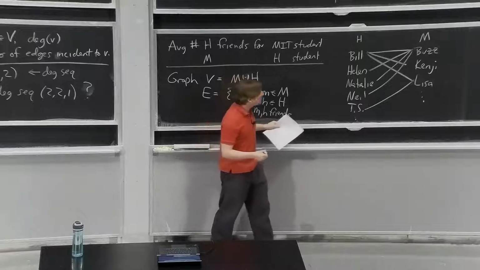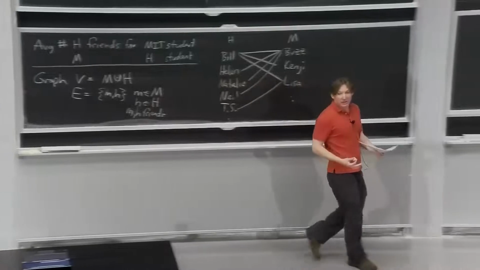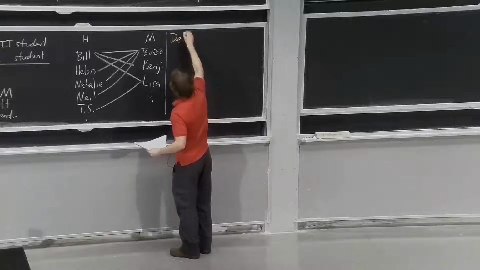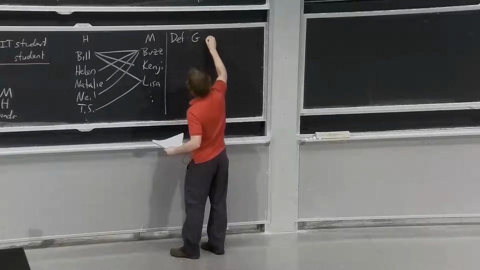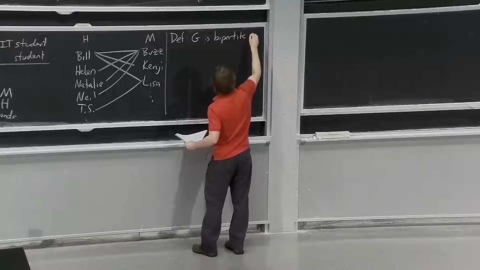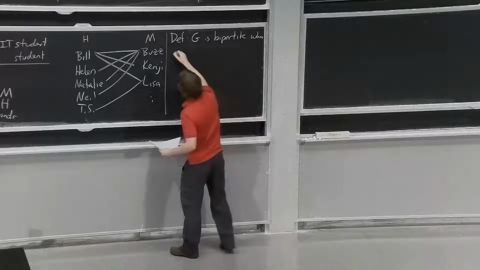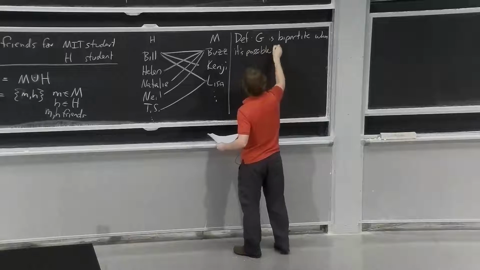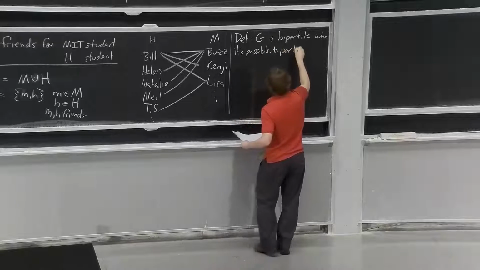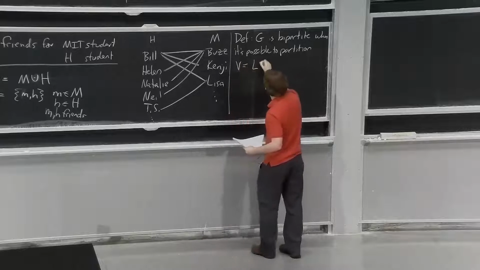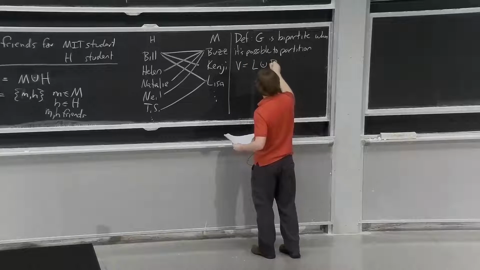And this graph has a special property called bipartite. This is a bipartite graph. Definition: G is bipartite when it's possible to partition V as the disjoint union of two sets.